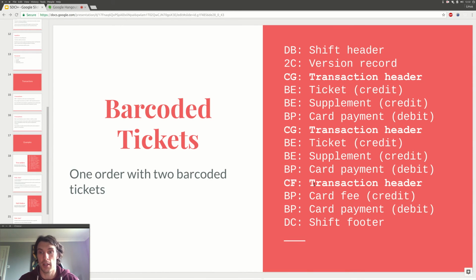2 tickets. And that actually means that there are multiple ways you can write the SDCI Plus for multi-passenger tickets. You can write them as a single ticket record, or you can write them as a ticket record for each ticket, because if you print multiple coupons, then you could argue, well, I'll write multiple BE records.